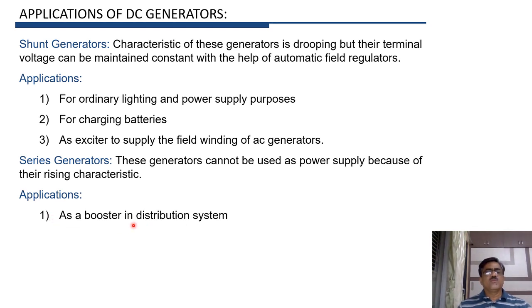The drop in feeder can be compensated by using a series generator because the characteristic of series generator is rising. So DC series generator can be used as voltage booster in distribution system. It can also be used in arc lamps for lighting.